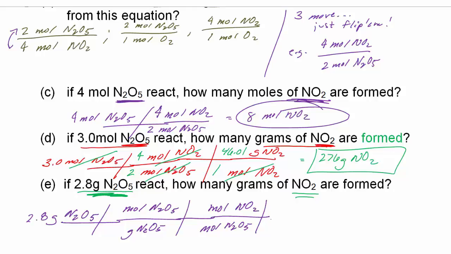Then they want the answer in grams, so let's use molar mass to get back to grams. Now we said the molar mass of nitrogen dioxide is 46.01, and NO2 to N2O5 is a ratio of 4:2. All we need is the molar mass of dinitrogen pentoxide.